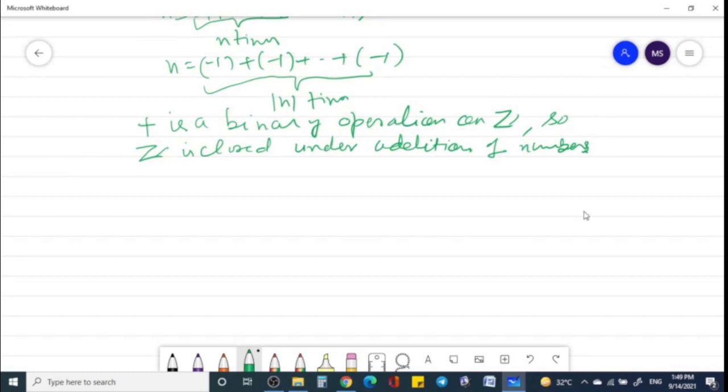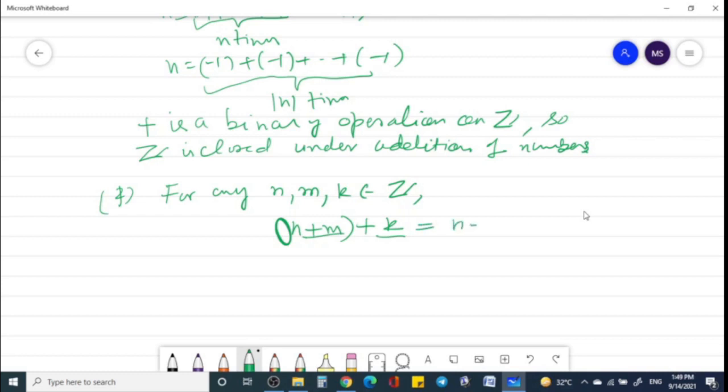So we have learned that for any n, m, k integers, if you take n plus m, this is an integer, and if you take k with it, this is also an integer, and this gives the same integer. So this is true. We have learned this in lower classes.